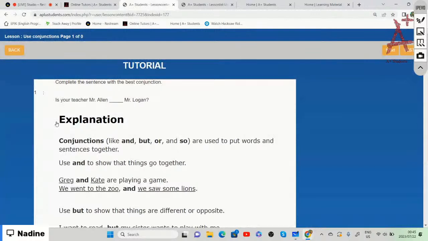We have and, but, or, so. And of course, these are just the common ones that we use constantly. There are, of course, more, but it is used to put words and sentences together.